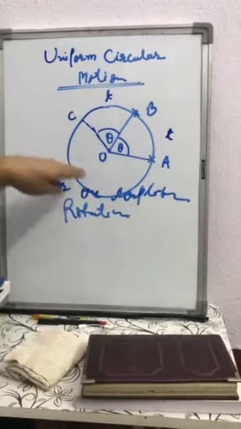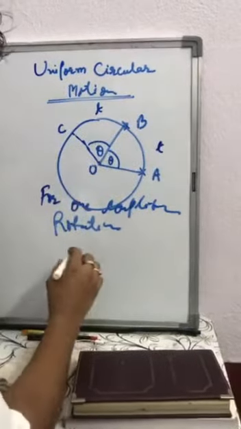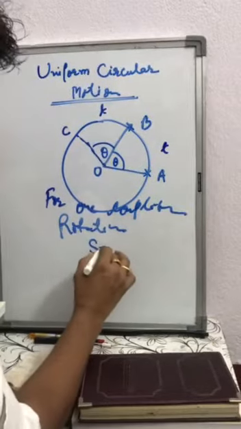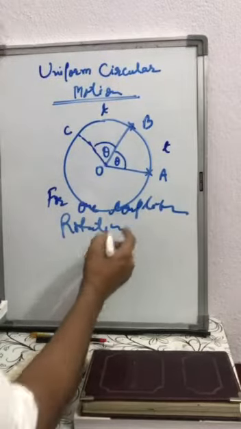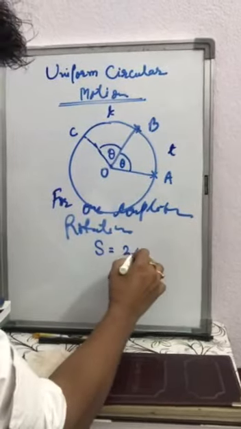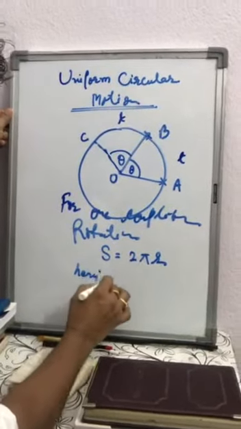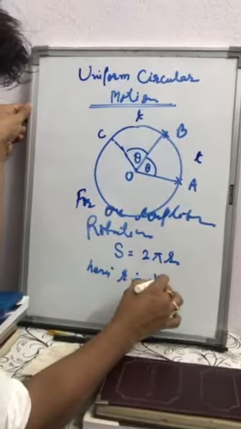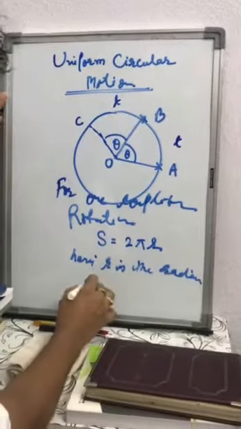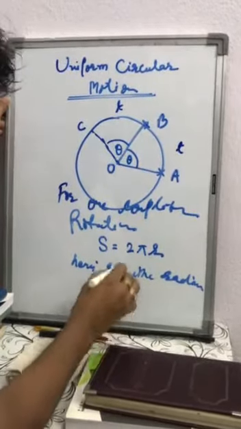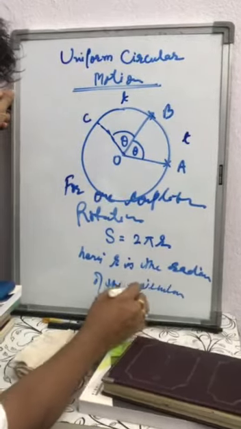in one complete rotation, the total linear distance covered by the body along a circular path is equal to 2 pi r, where r is the radius of the circular path.